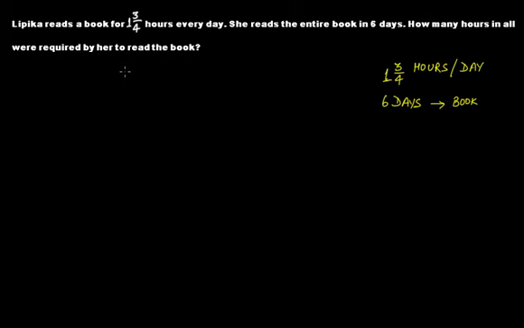Now if you remember the unitary method, a method in which we first try to find out the value for one single unit. In this case you have to find the total hours that will be required in 6 days. So for one day she takes 1 3 by 4 hours.